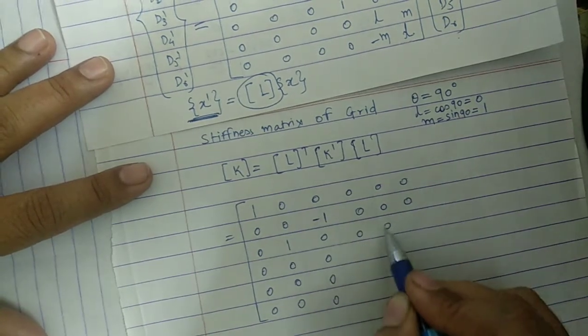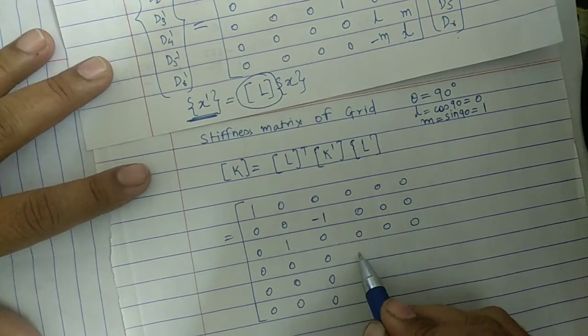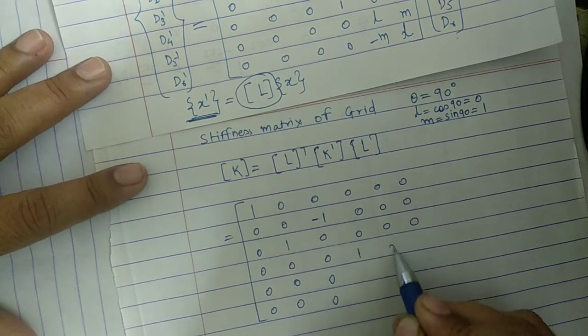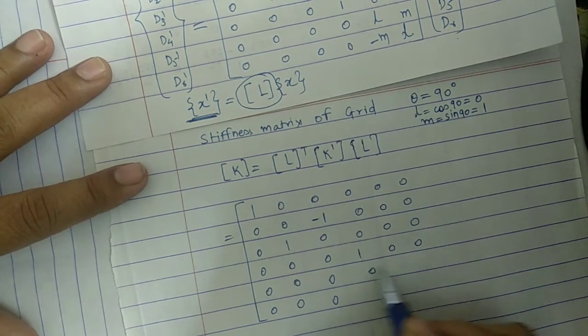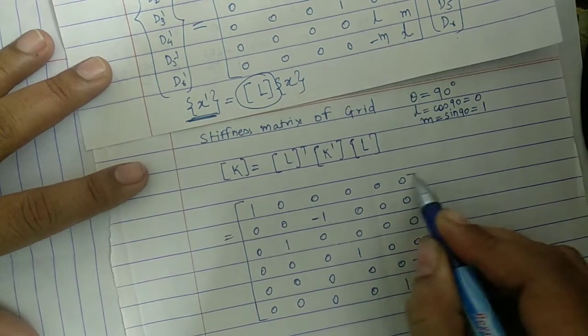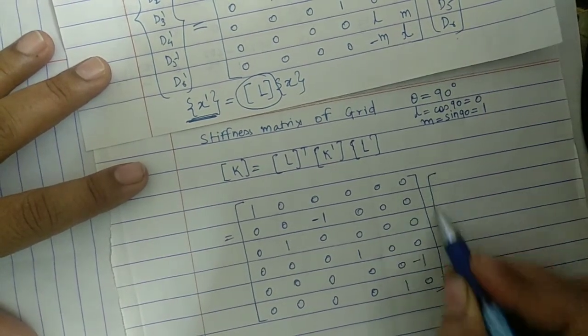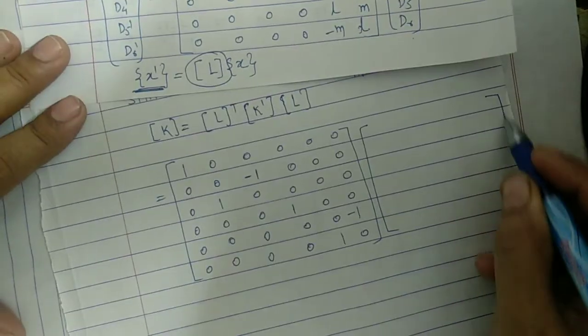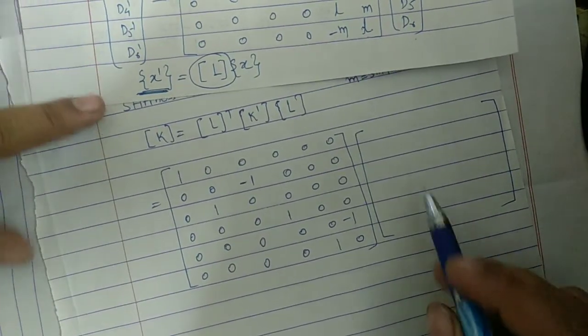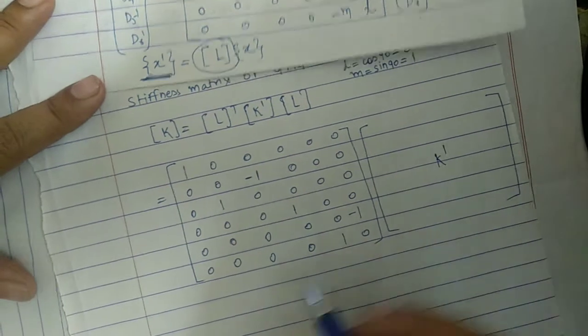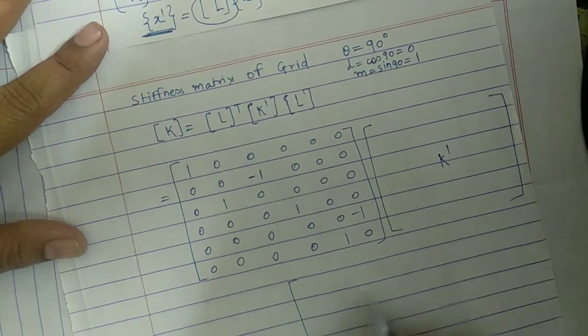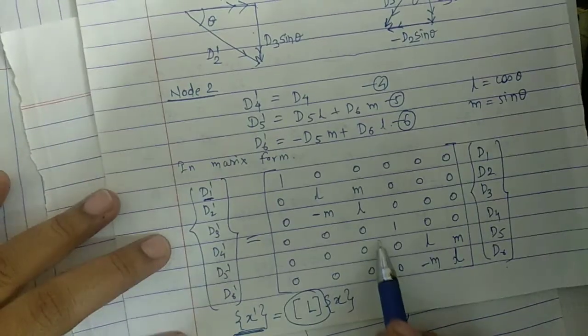Okay, so I'll write here 1 0 0 0 0 minus 1 0 1 0. The K dash matrix that we defined in the earlier video, write down that K dash here, a 6 by 6 matrix, into again the L matrix, that is this matrix.